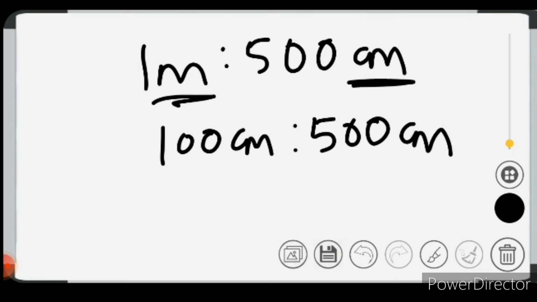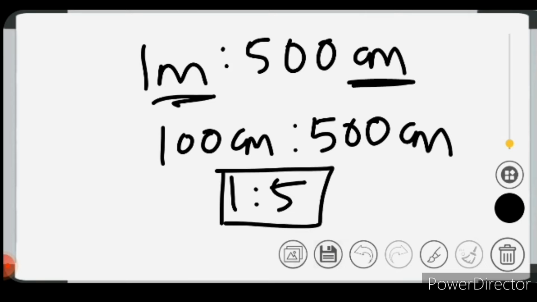Now we are going to simplify them. Now 100 and 500, when we simplify, what will we get? Obviously 100 is 100, 100 fives are 500. So it will be 1:5. So this is the simplification of a particular ratio. First thing is that you have to check whether they are in the same unit or not. That is very, very important, students.